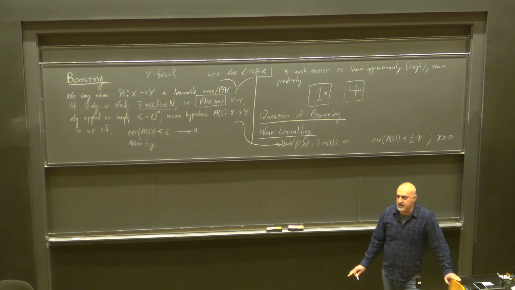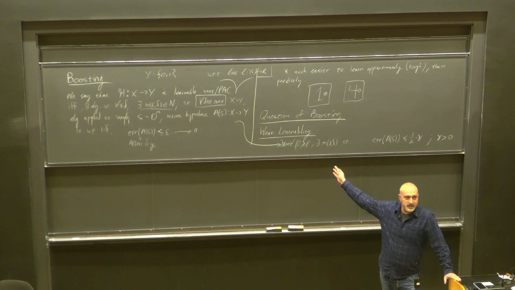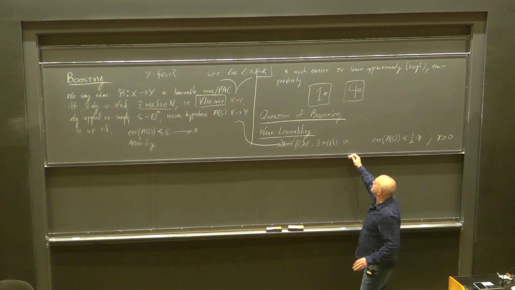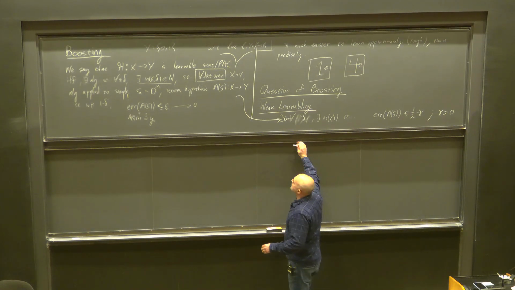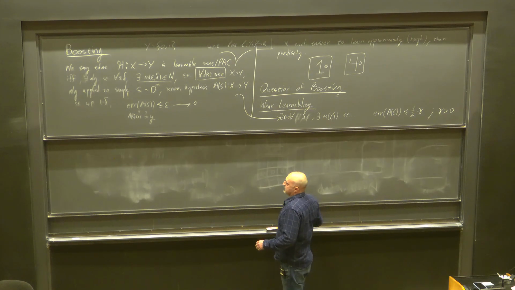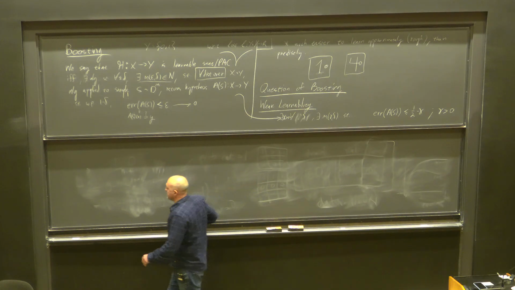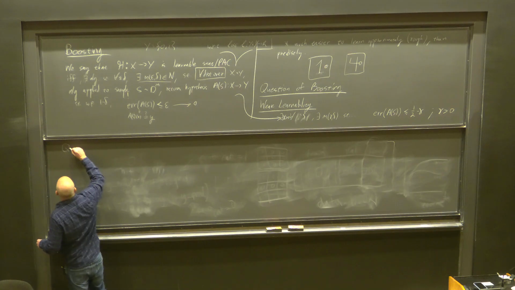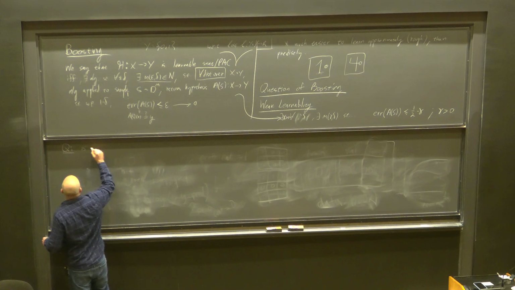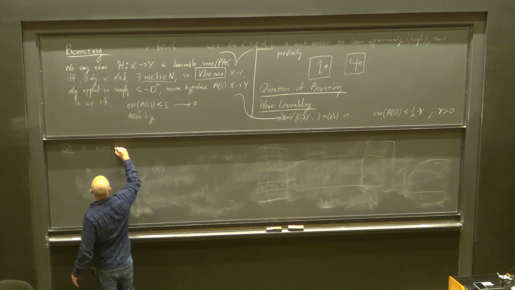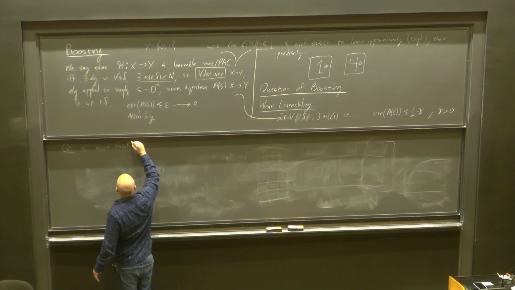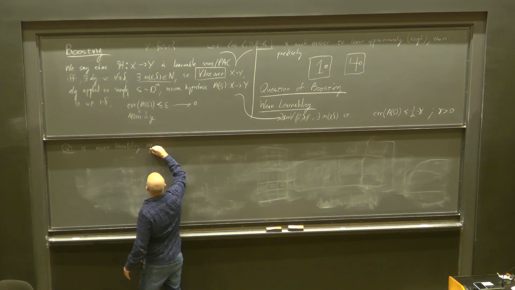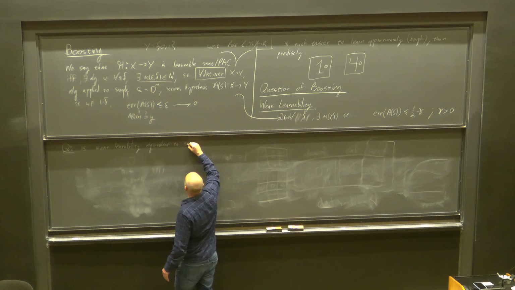So this seems to be much easier, right? I mean, clearly strong learnability implies weak learnability. That is clear. But the other way around is not clear at all. And now the question is weak learnability equivalent to strong?